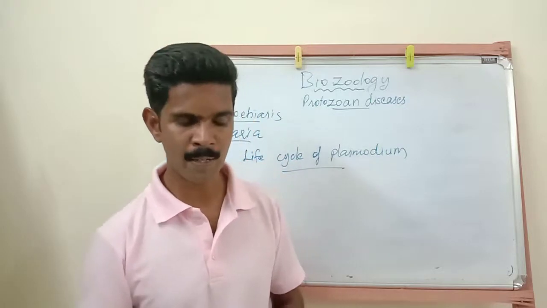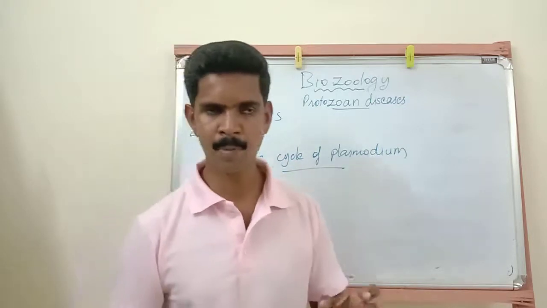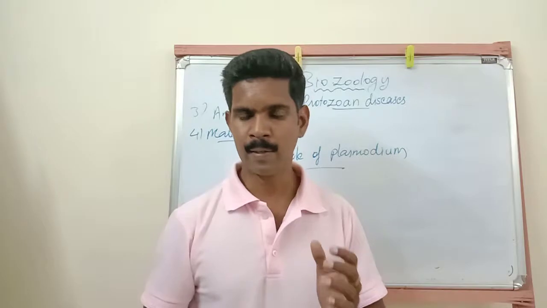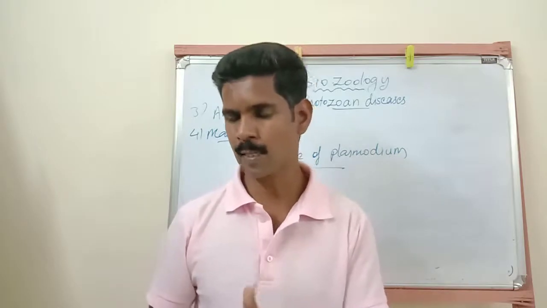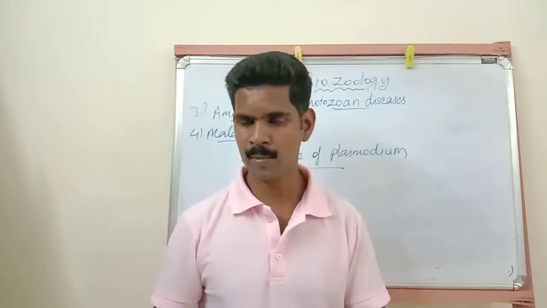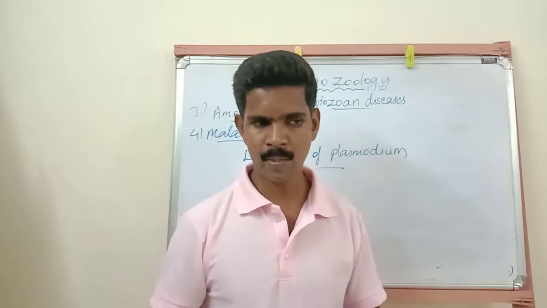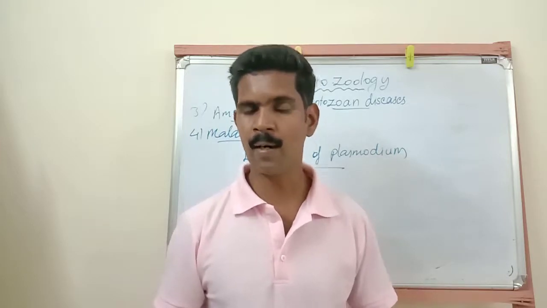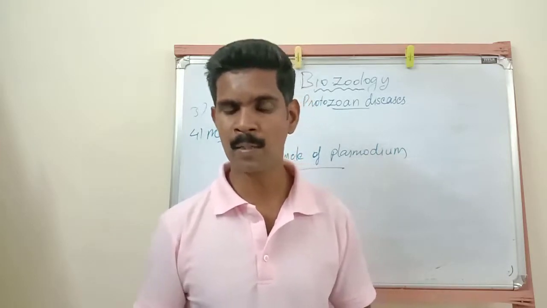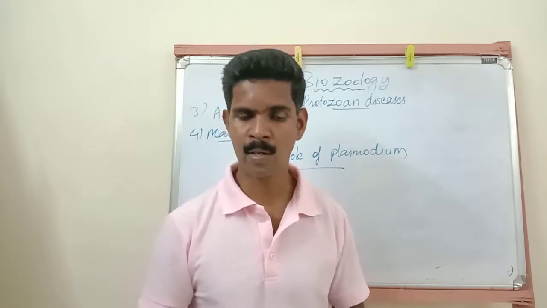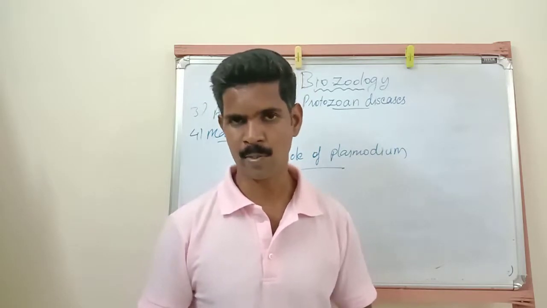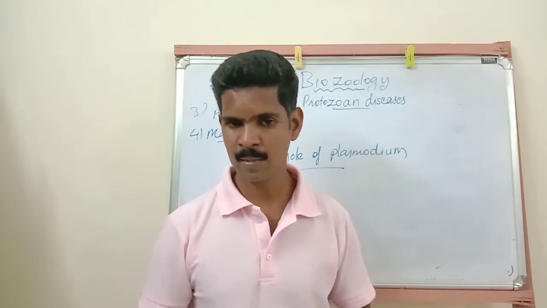So listen very carefully. The nucleus of the trophozoite divides and produces the schizont. This schizont consists of a large amount of yellow-brown granules, and these granules are called Schüffner's granules. Understood?